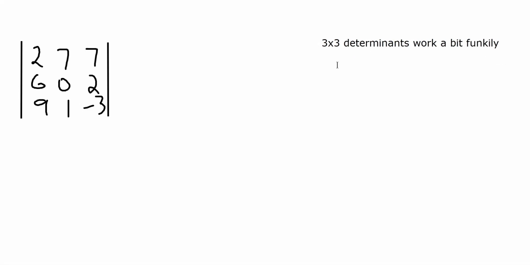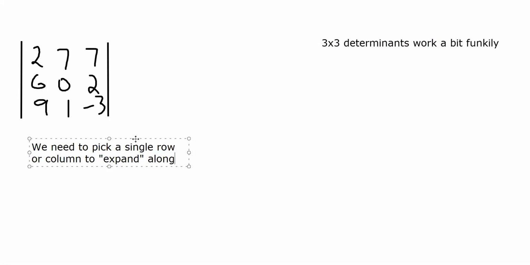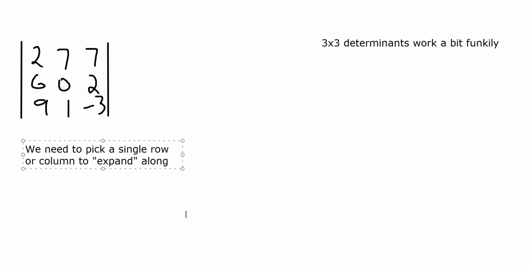At any rate, the way a 3x3 matrix determinant specifically is going to work is that we need to pick a single row or column to expand along. This is the exact terminology that we pick.